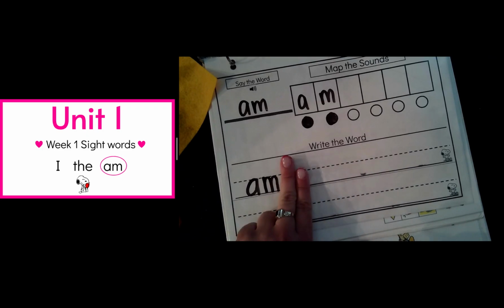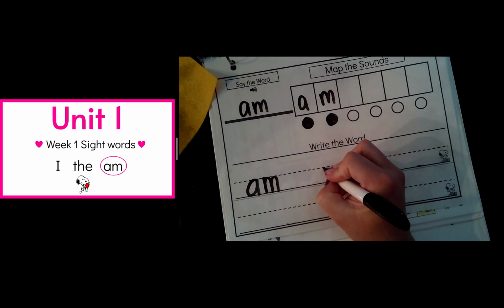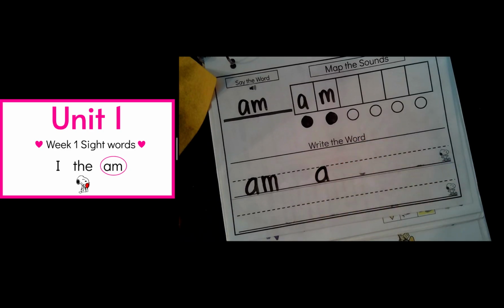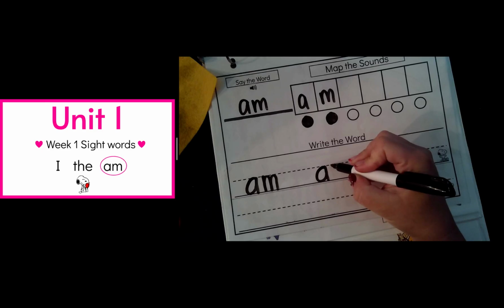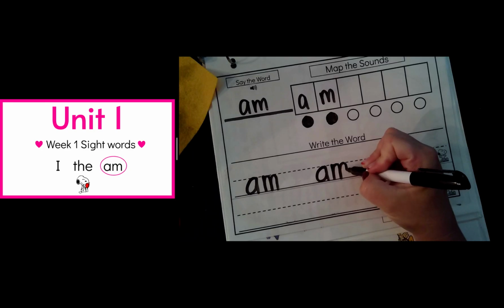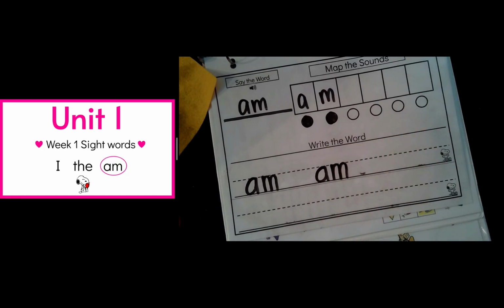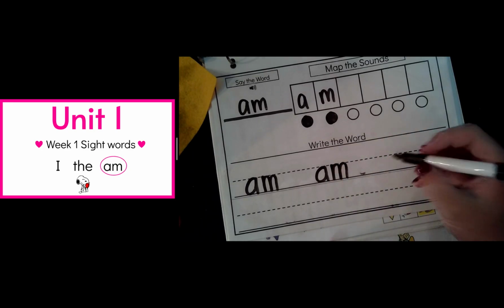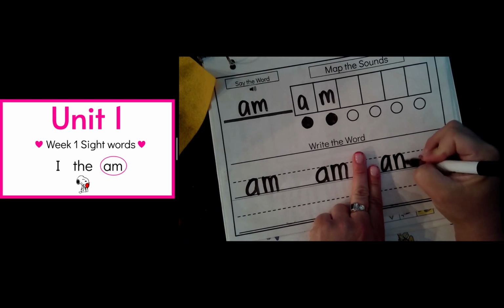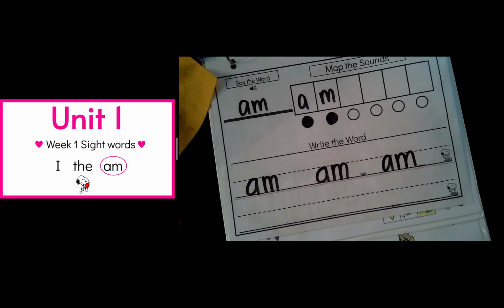Remember to leave that space. We go around the world, up, down, straight line down, up, roller coaster down, up, roller coaster down. And I'm going to go ahead and keep doing my am and reading it each time I write it.